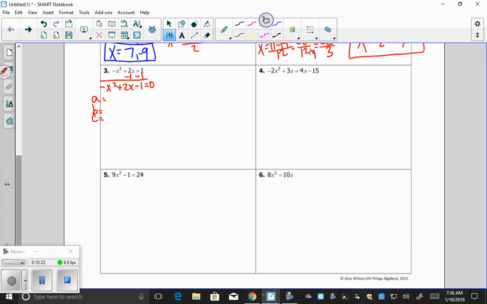If you look at the number in front of x squared, the number is negative 1. The number in front of x is 2, and the number with no variable, or the constant, is also negative 1. So plug it into your formula. X equals the opposite of b plus or minus the square root of b squared minus 4 times a times c, all over 2a.